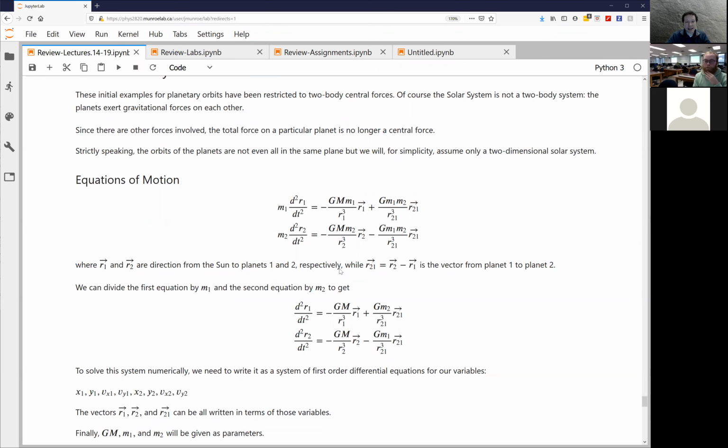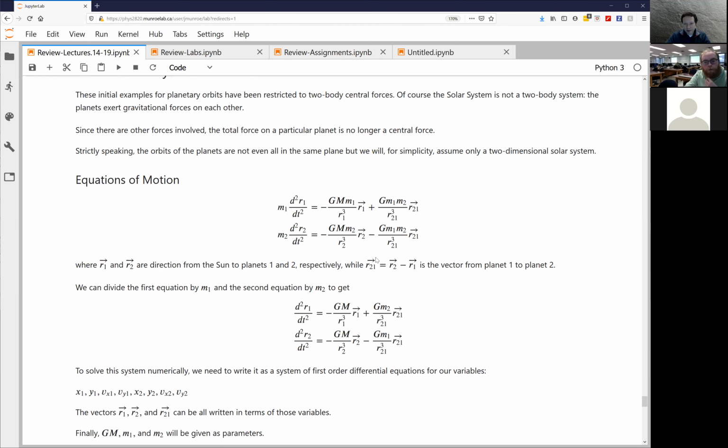And what it says is R21 is the difference between R2 and R1. R2 and R1 are position vectors. They're the coordinates, x1, y1, and x2, y2. The difference between these two vectors is x2 minus x1, y2 minus y1.